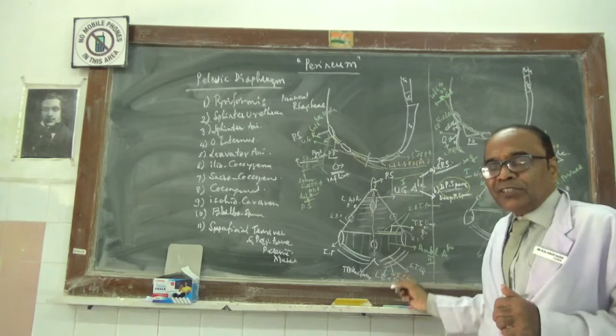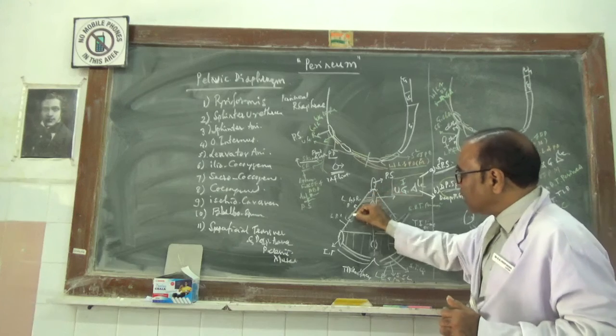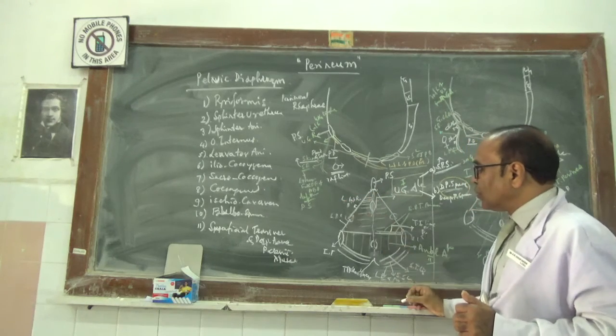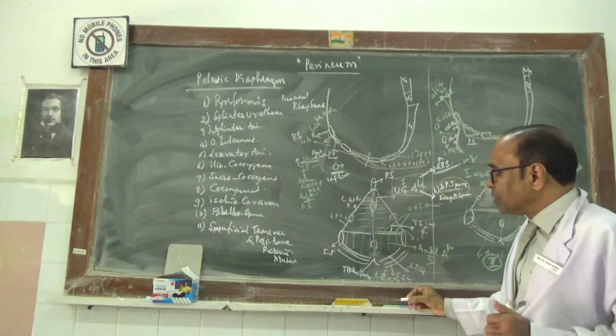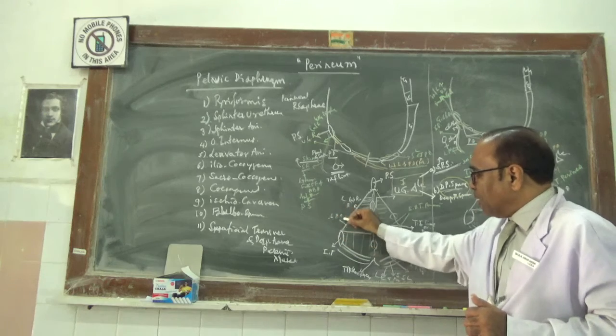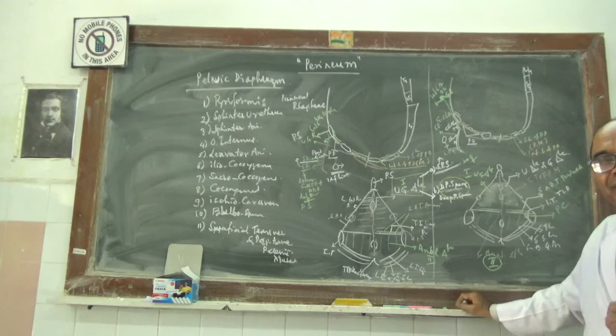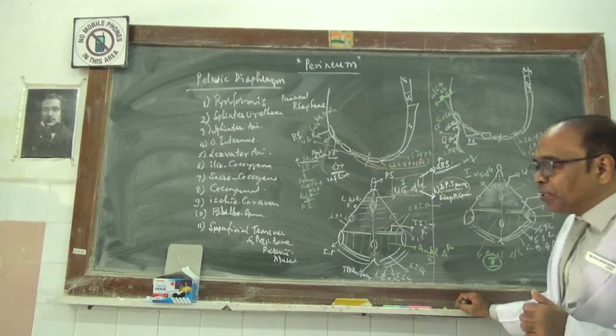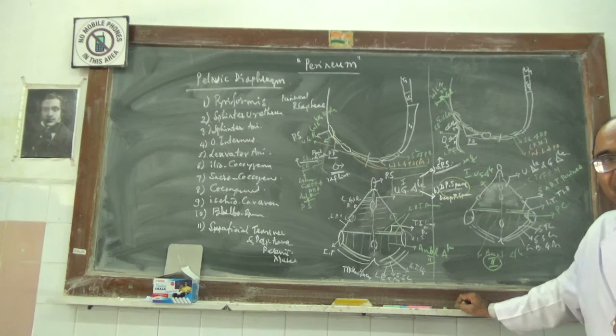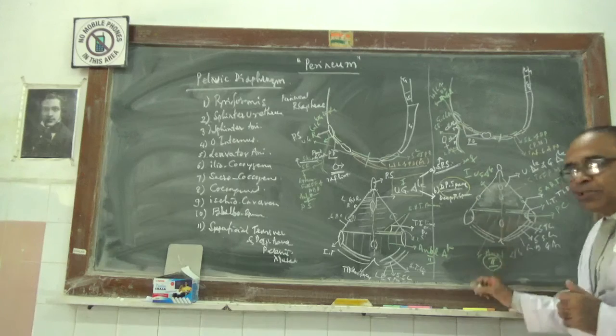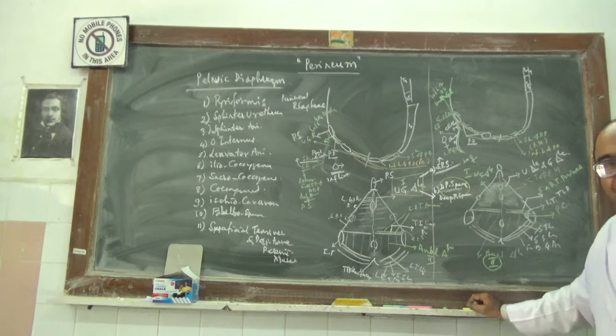Anterolaterally, on either side, it is limited by the lower border of the inferior ramus of the pubis, the lower border of the ramus of the ischium, and the adjoining point of these rami. In male, it is not that averted, but in female, it is averted.